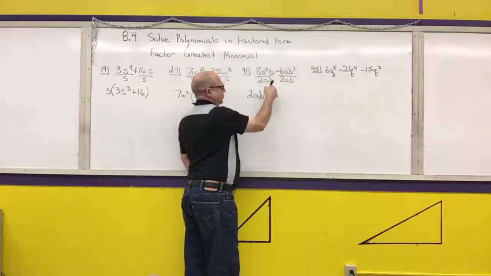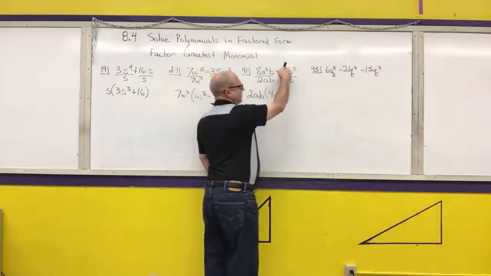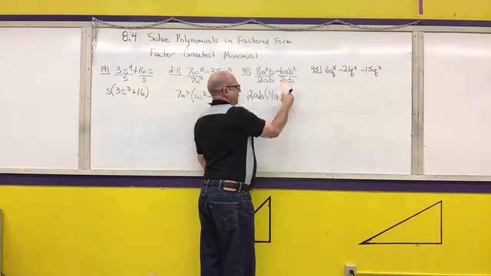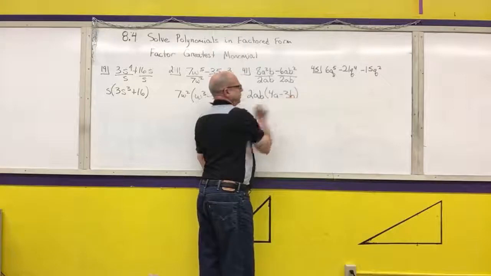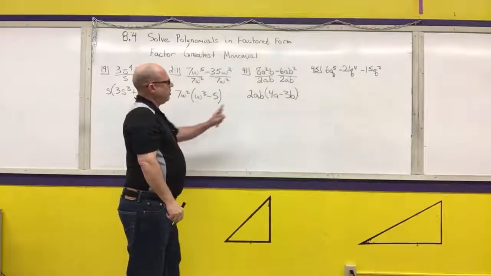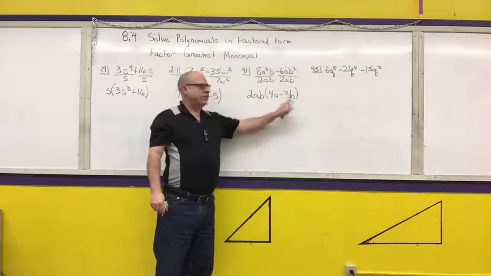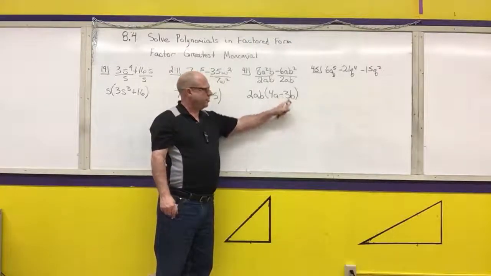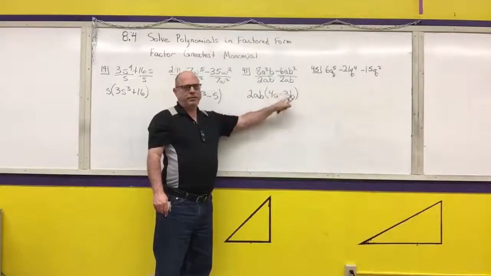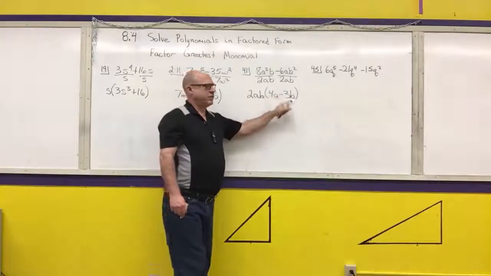B divided by b is 1. Negative 6 divided by 2 is negative 3. A divided by a is 1. B squared divided by b is b. And I am done. When you get all done, the term that's left in the parentheses can't have any common factors other than 1 for the numbers, and the variables can only appear in one of the 2 terms.